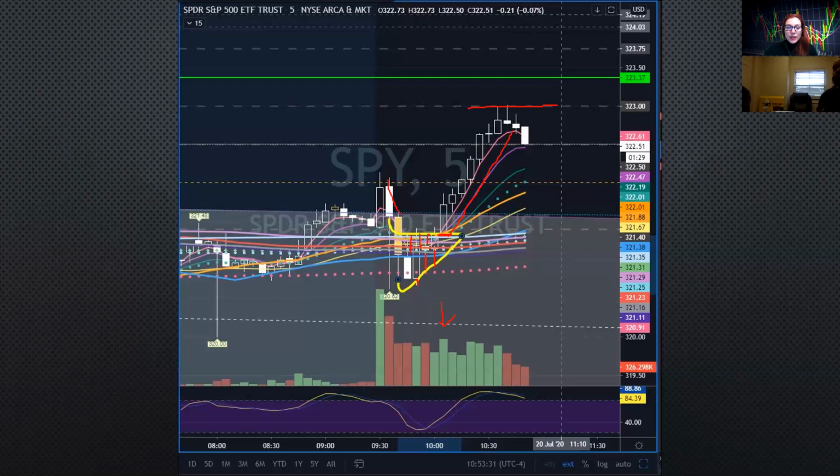Obviously, if we'd drawn a channel like this, it did break out technically right here. We had a little bit more volume, but we had the highest volume right here and the move that followed it. Many times you'll see that we'll have crazy volume the first 15 minutes, and then it's going to drop off. We talked about that before with day trading versus swing trading.